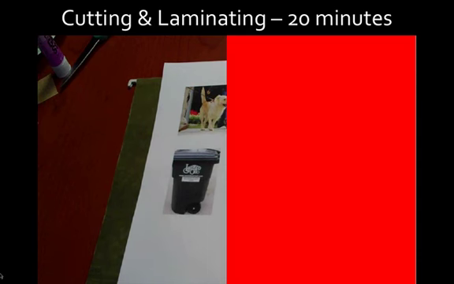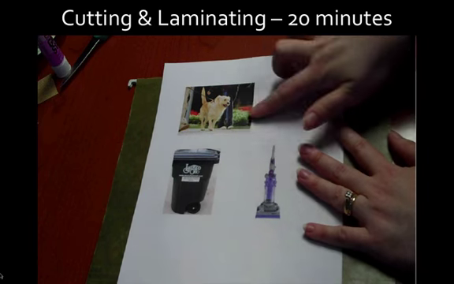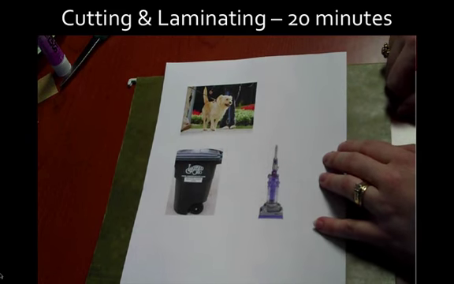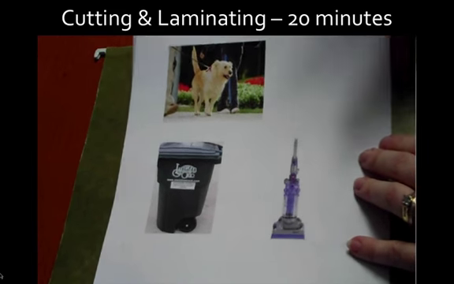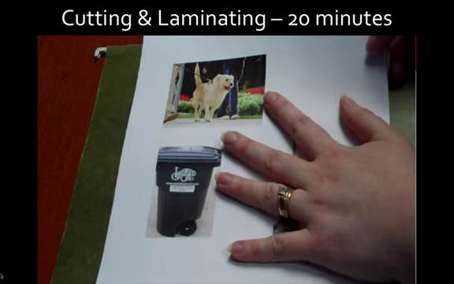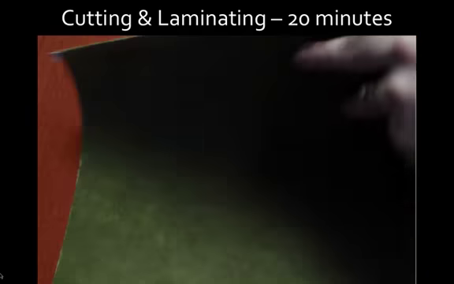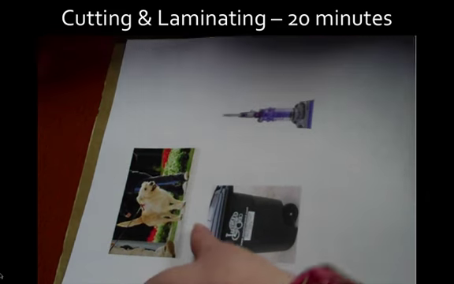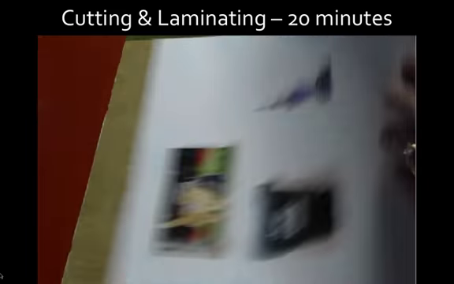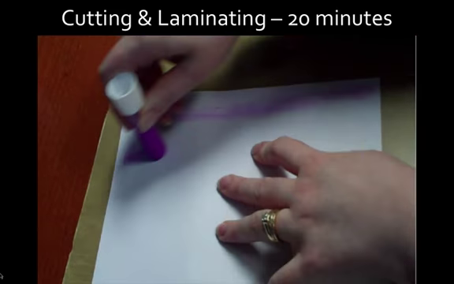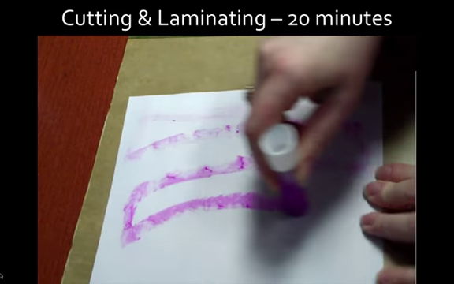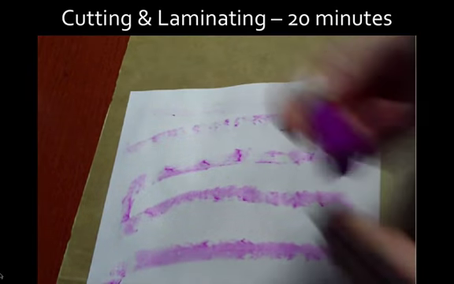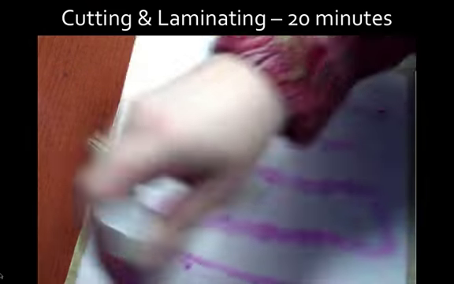So the next step to making our choice board, you can see that the images that I got off the internet, I printed them out. I did not have any cardstock, so what I'm going to do is take these images, and I found an old folder here that was going to be trashed at our office. So I'm going to take my plain piece of white copy paper and glue it onto this folder to make it a bit more sturdy.